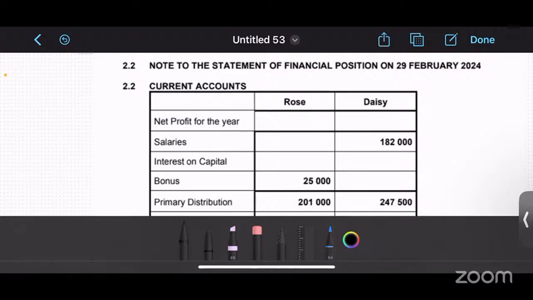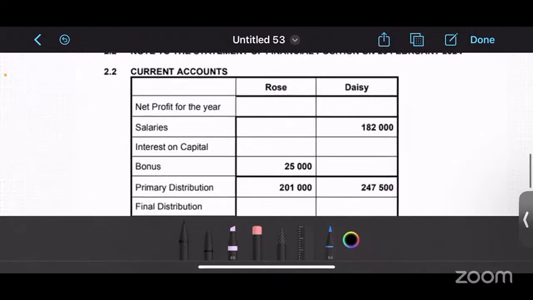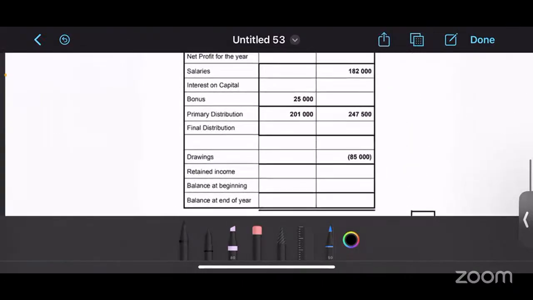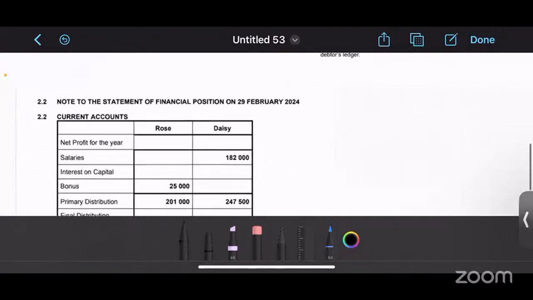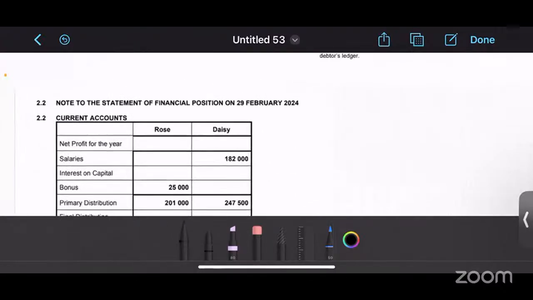The net profit is going to be coming from another calculation, but firstly, let's try to calculate the salaries, capital, bonus, primary distribution, and the rest of those, right? Yes, ma'am.